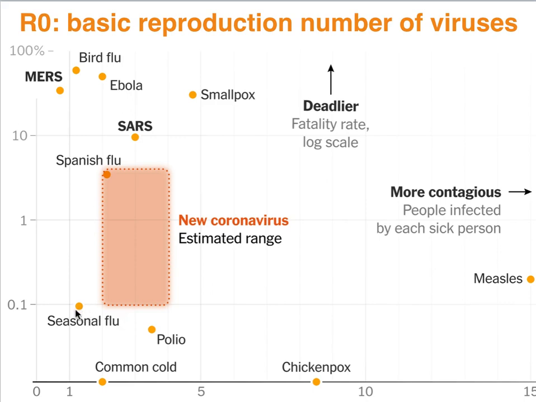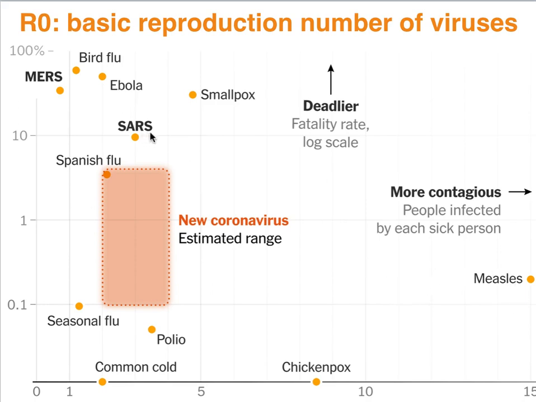That's higher than the seasonal flu, which has an R0 of between 1 and 1.5. But it's lower than, for instance, measles, which is very infectious, with an R0 of around 15.